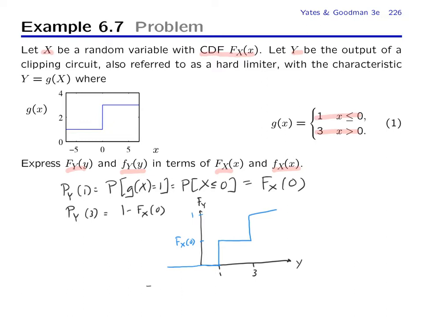And the corresponding PDF of Y is just the pair of impulses, one at 1 and here at 3. And that's the complete answer to this problem.